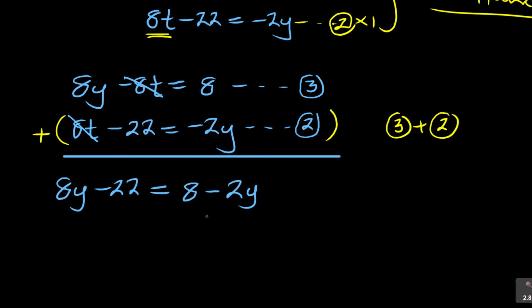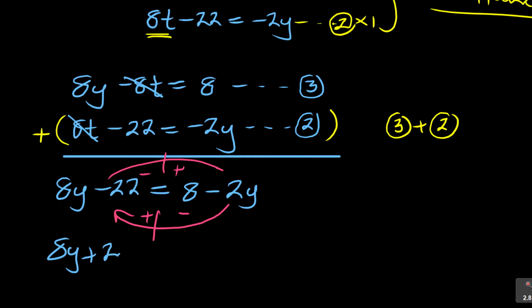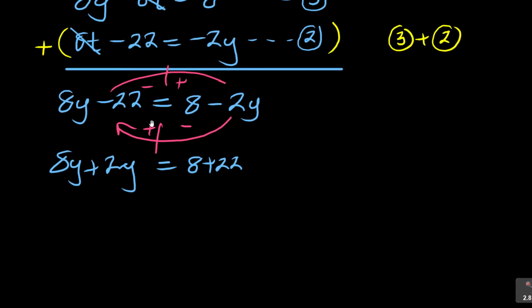Now negative 2y jumps the equal sign, negative becomes positive. Negative 22 jumps the equal sign, negative becomes positive. So 8y plus 2y is equal to 8 plus 22. Then from here, you solve: 8 plus 2 is 10y, is equal to 22 plus 8 is 30.